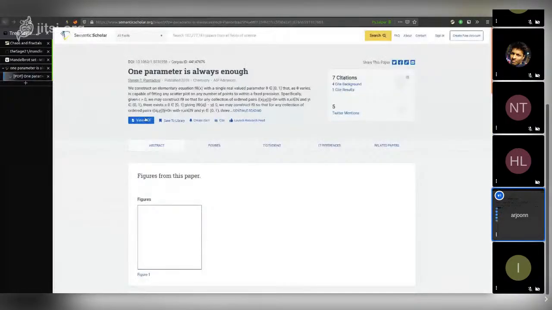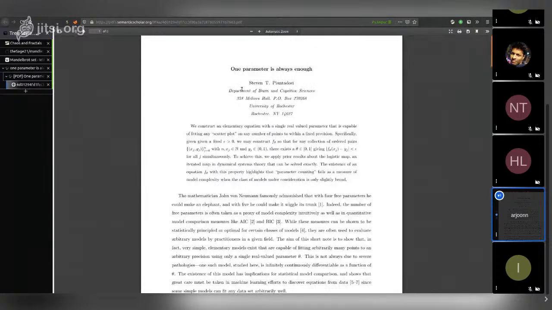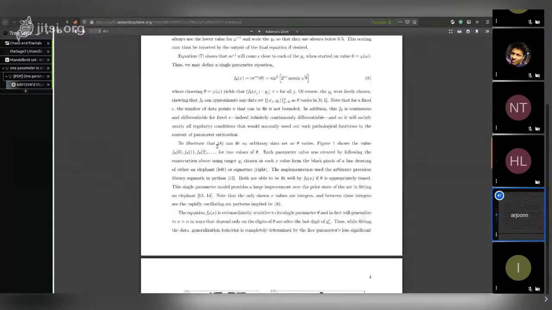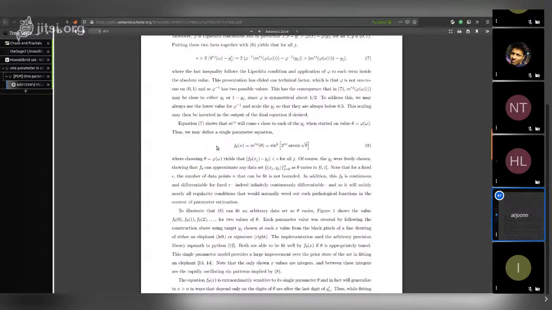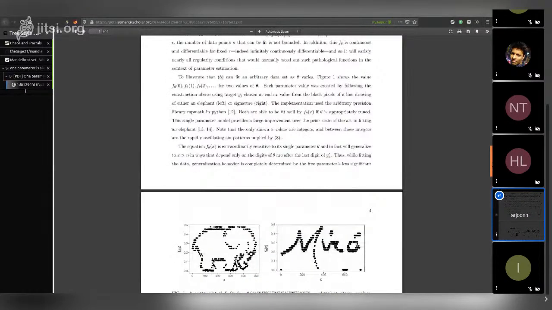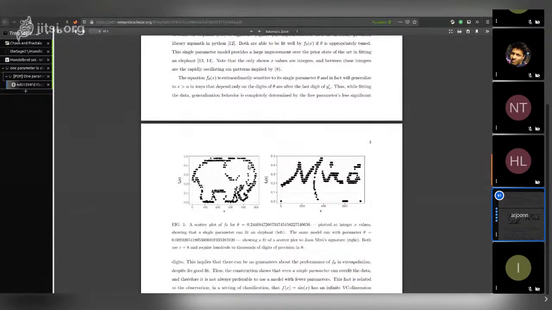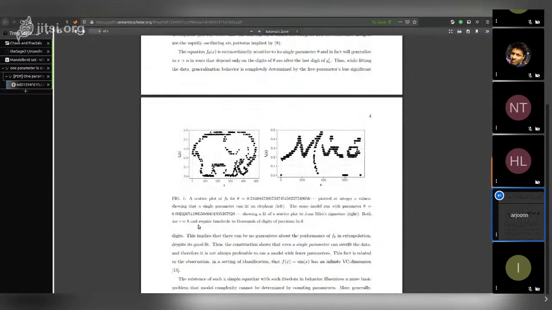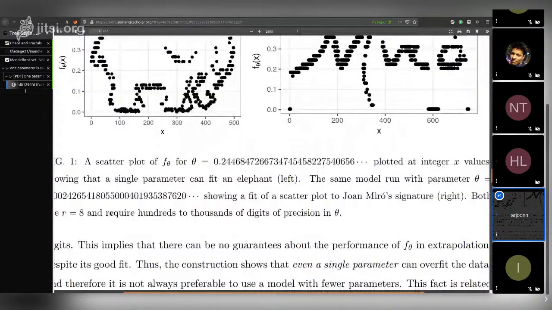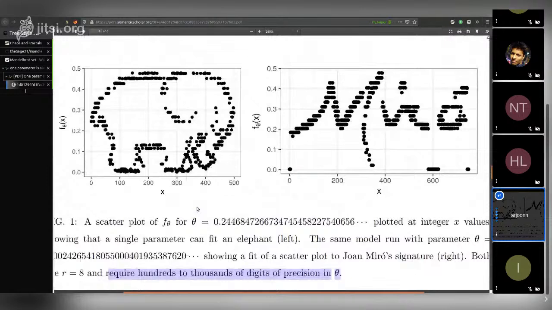This one paper showed, is it Rochester? Yeah, this is the one. So this guy learns a single number, and what he's learning is a parameter to a chaotic equation, and he's able to basically fit any data set with just one number, one parameter. Of course, there is a caveat: you need very high precision on that, but still, chaos has its uses there.